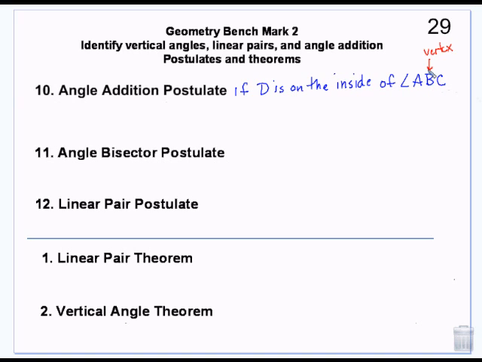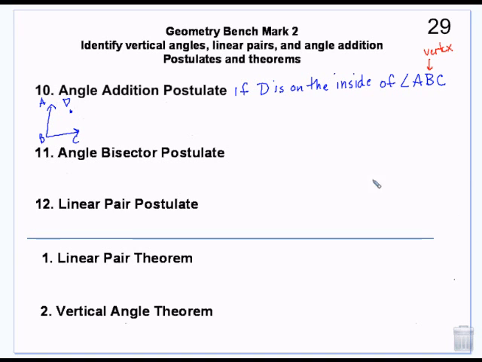For angle addition, isn't it like little angle plus little angle equals the big angle? Yeah. So if you have D on the inside, so we have an angle A, B, C. So this is A, this is B, this is C. And I make D here.